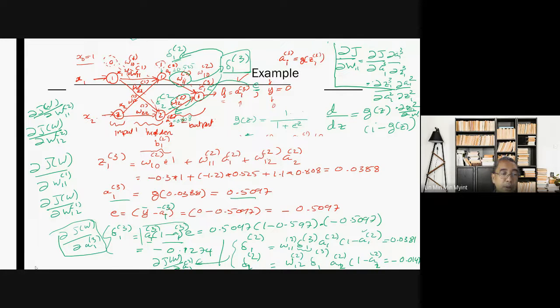But actually this one, we use different colors. We have already calculated this one.